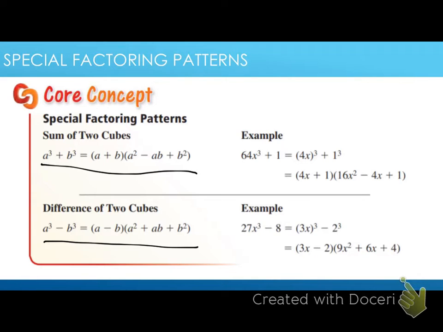If I have a term that I can take the cube root of, plus another term that I can take the cube root of, that's a sum of 2 cubes. And so it factors out to this special pattern. If I have a cubed plus b cubed, I get a plus b times a squared minus ab plus b squared.